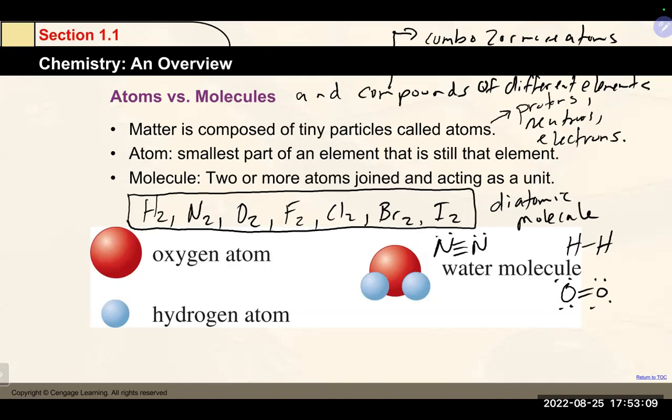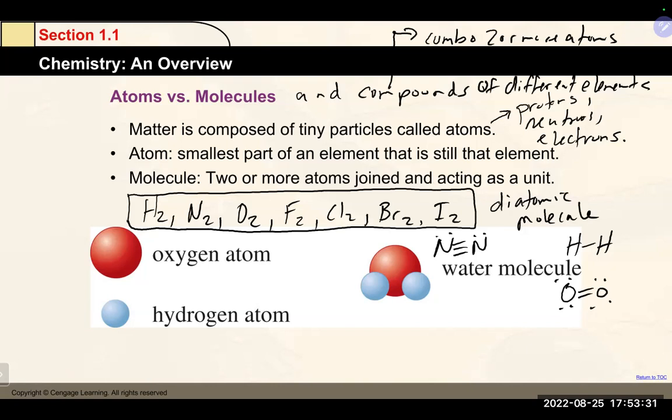Each of those is a diatomic molecule, which clearly means they are molecules. And they are also elements, because each of them is composed of only the same element, right? Hydrogen has two H's, oxygen has two oxygens. So they are both elements and molecules.